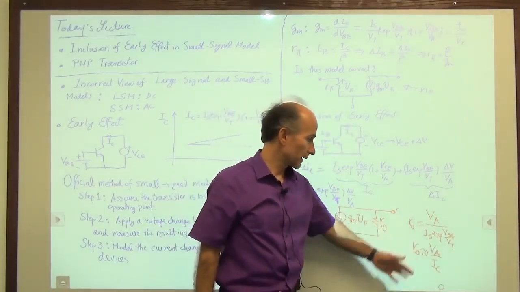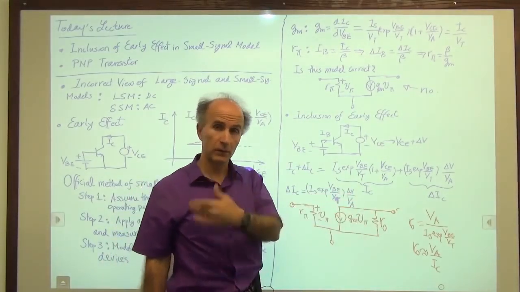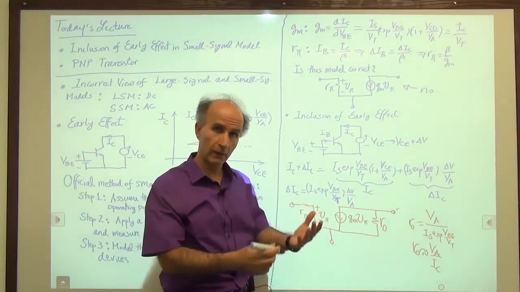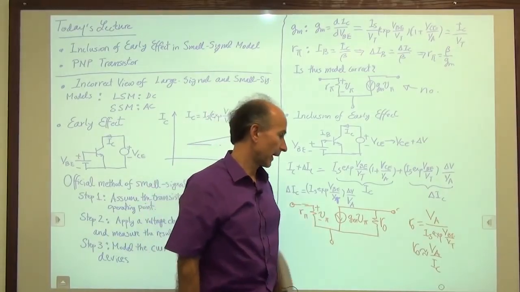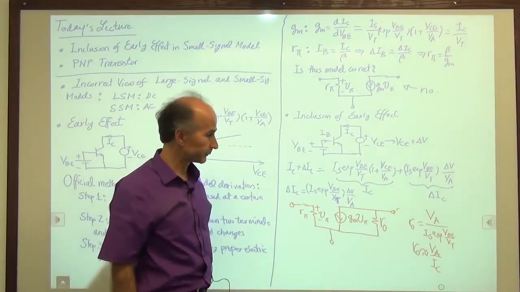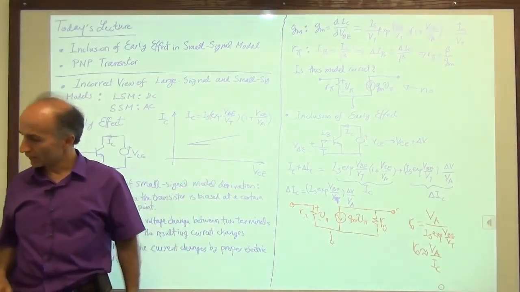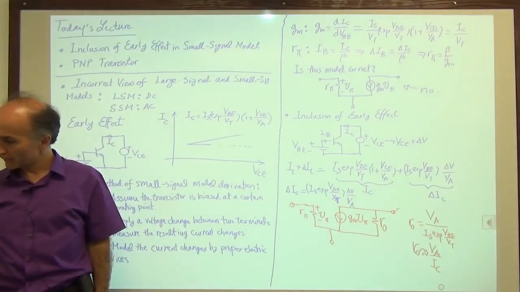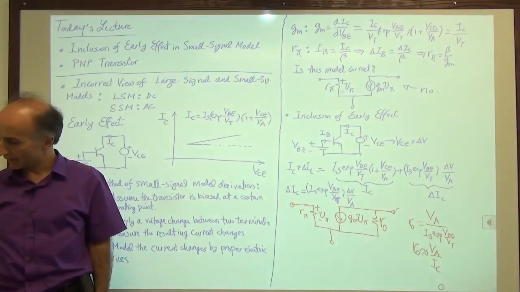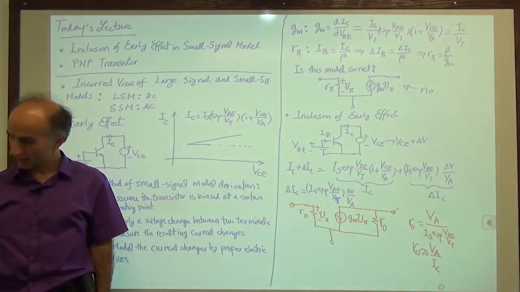The early voltage, as I said before, goes from a few volts to a few tens of volts, depending on the transistor that you buy. And IC, of course, is the value that we have, maybe a few milliamps. All right, so we have derived the small signal model of the bipolar transistor in its entirety. And that completes this section.